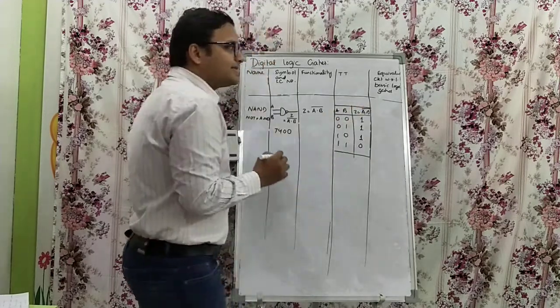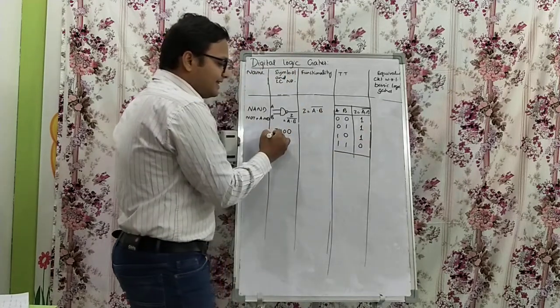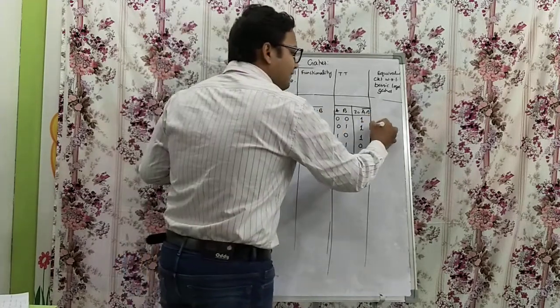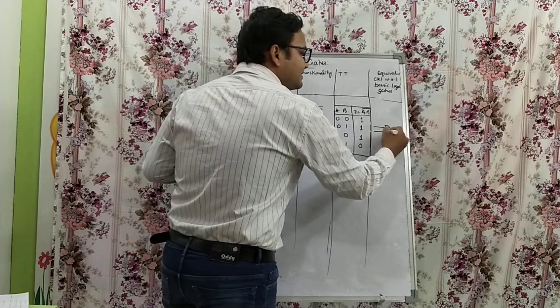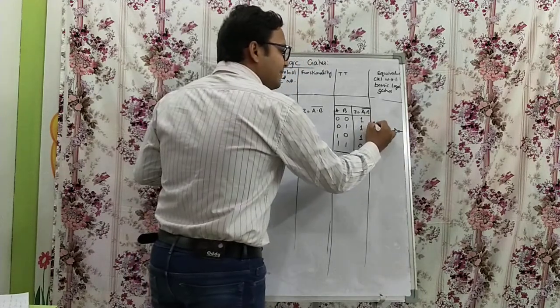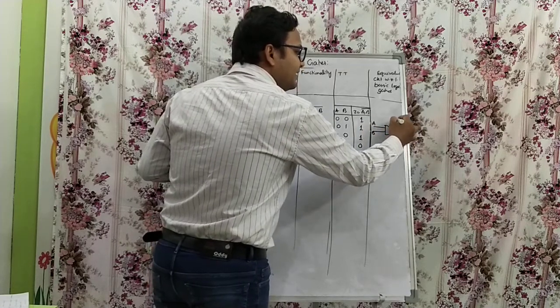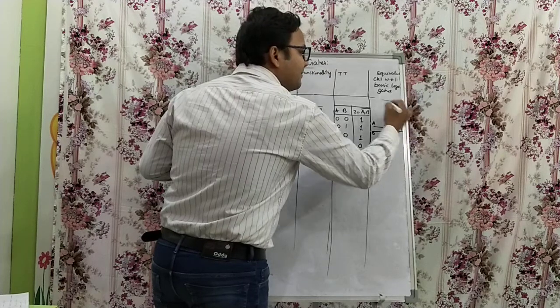And what is the equivalent circuit with respect to basic gates? We can design this NAND gate with the help of an AND gate and an inverter. Here it is A dot B, and here it is A dot B bar.